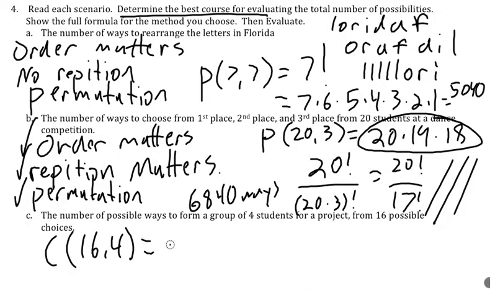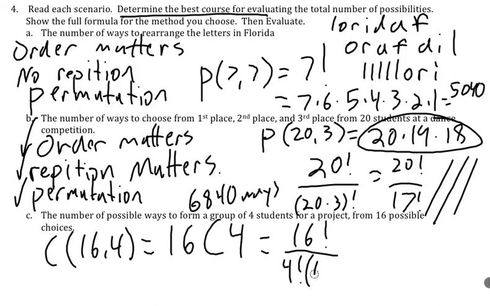There's a couple of ways to write out that notation for it. Either one of these is fine. There's a way to calculate 16 choose 4: 16 factorial over 4 factorial times 16 minus 4 factorial. In the interest of time, we're just going to cheat and use the button in our calculator.